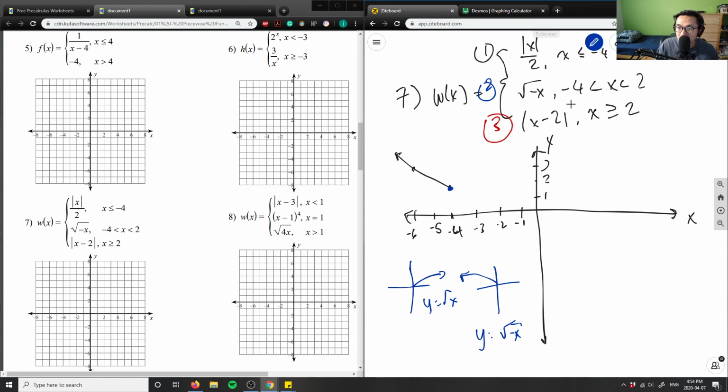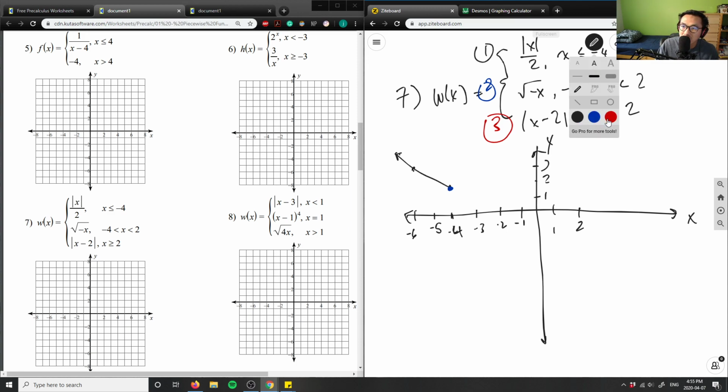So let me plot these other points here. So this is 0, this is 1, and this is 2. So let me sub in more points here to figure out what it wants. So let me sub in the point -1 here. So if x here is -1, it's going to satisfy my second function here.